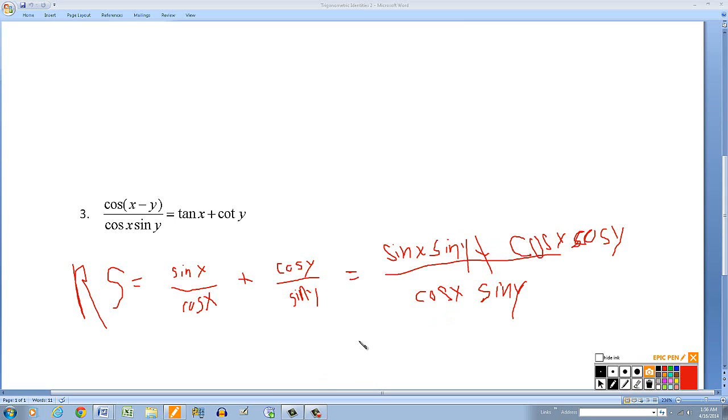But that's the same thing as cosine of x minus y. Okay, and that was one of the identities from that list.